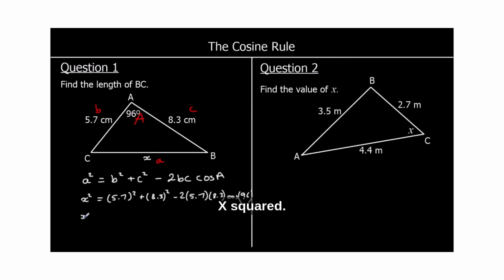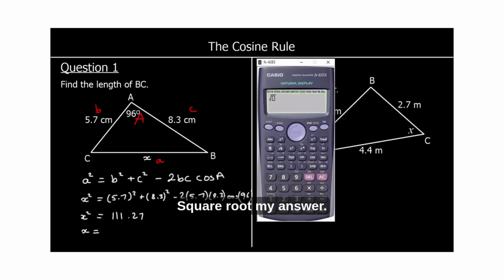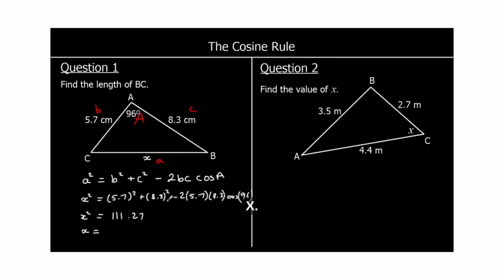So x squared is 111.27. I need to get x by itself, so I'm going to square root. So square root my answer, which to 2 decimal places is 10.55. So x is 10.55, it's in centimeters, to 2 dp.